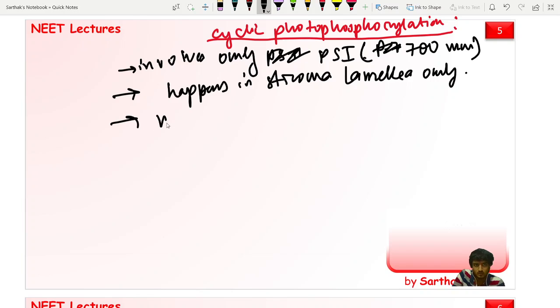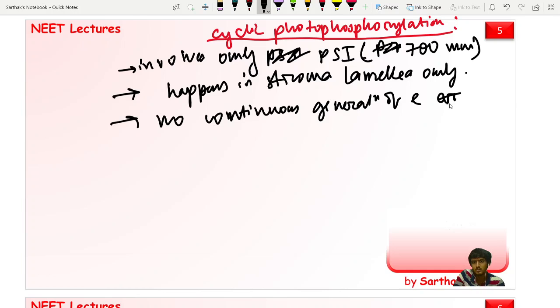and here no continuous generation of electrons is required.